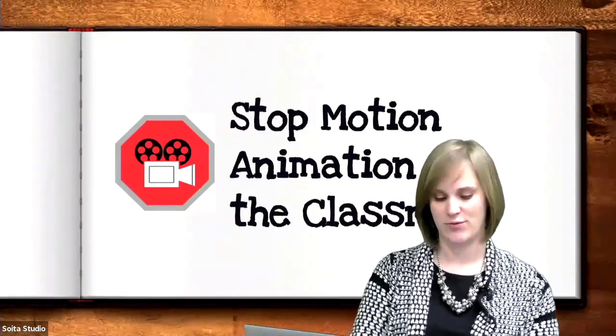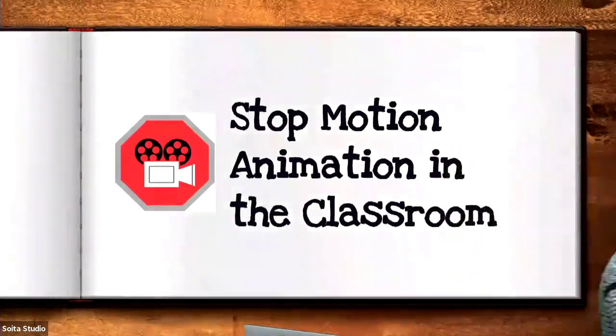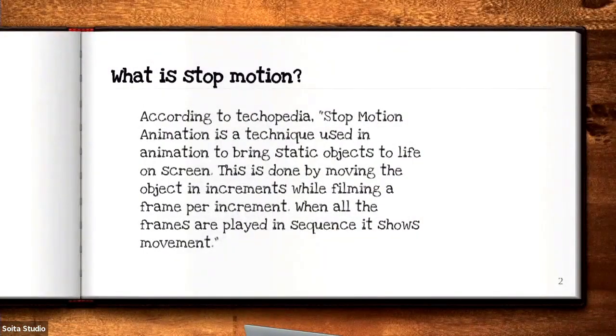If we look at how Techopedia explains stop motion animation, it is essentially just a technique used to take static or non-movable objects and put them into motion by altering their movement in small little increments and capturing it as we go.